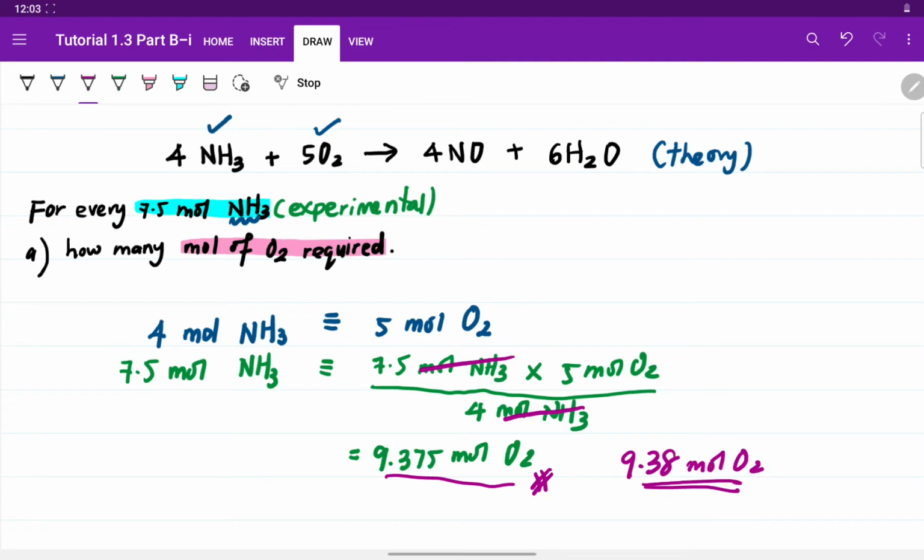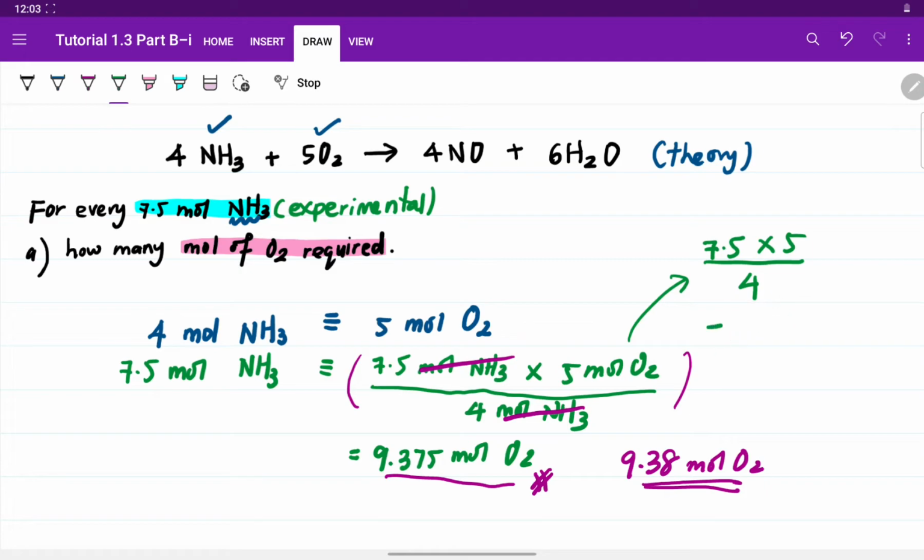Mungkin ada yang wondering, tertanya-tanya, Madam, do we need to write down everything, meaning mole NH3, mole O2, mole NH3 dekat sini? Okay, in exam, dia tak tekankan untuk awak tulis. Okay, tapi saya tunjuk dekat sini supaya awak nampak apa yang berlaku sebenarnya. So, in exam, you can straight away, okay, awak boleh terus tulis 7.5 darab 5 bahagi 4. Tapi awak kena tahulah awak tengah kira ni untuk apa.